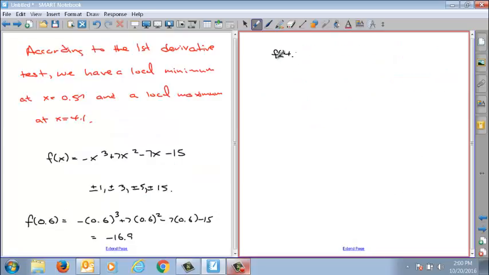And the function at 4.1, I get 5.0. So that's the function at 4.1.